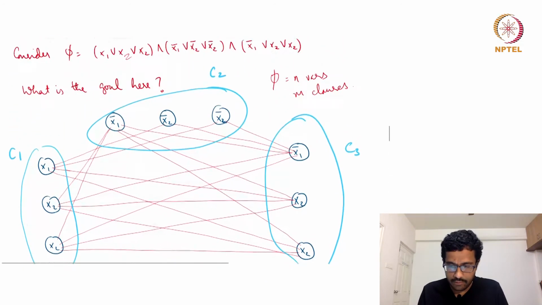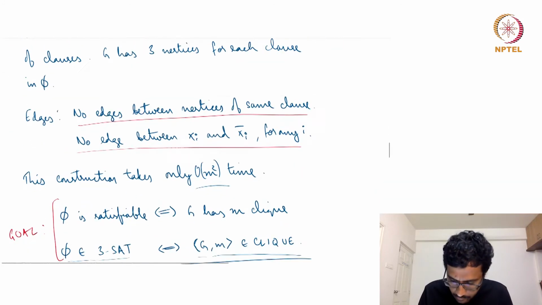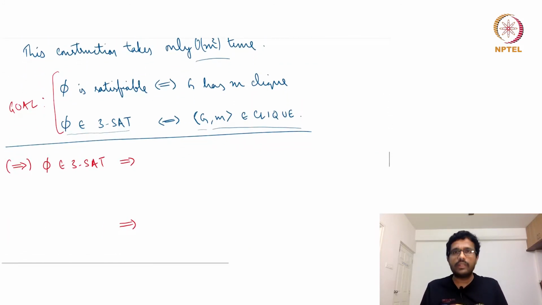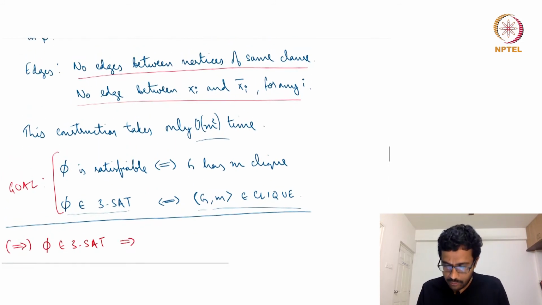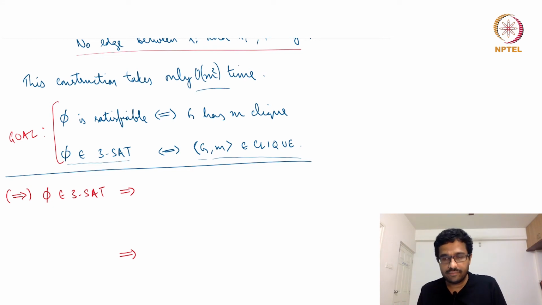So the Boolean formula will be satisfiable if and only if this has an m-clique. Let us see why. Okay, so we will have two directions because it's if and only if. So first we will show that if the formula is satisfiable, G has an m-clique, and then we will show the opposite. If the graph has an m-clique, then the formula is satisfiable.